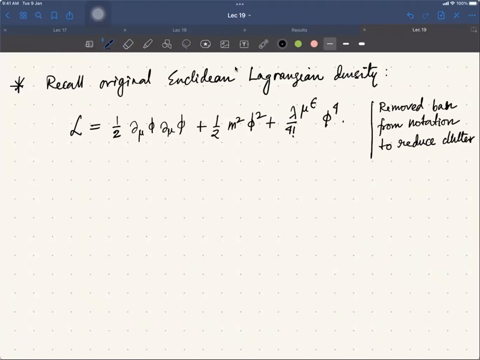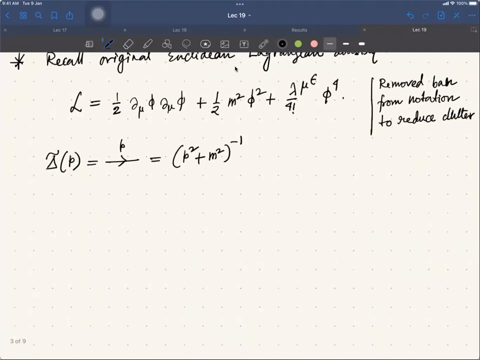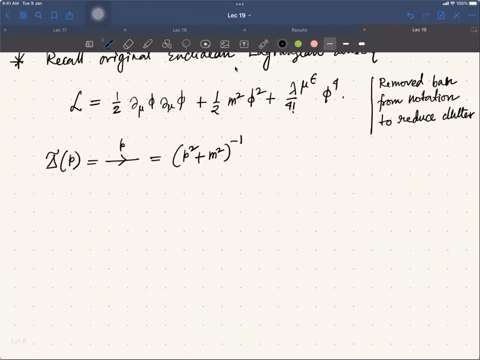Then from this Lagrangian, we calculated the momentum space version of the propagator, and the expression of that is p square plus m square to the power minus 1. And that's only the free part. The full interacting analog in the full interacting theory is G tilde connected 2 of p, which is denoted diagrammatically like this.